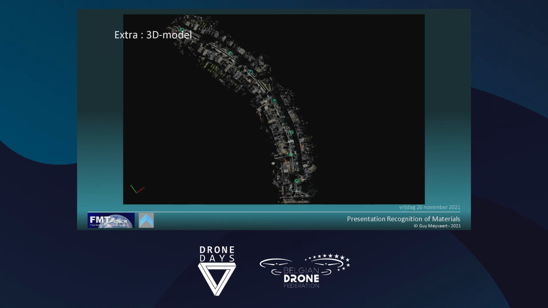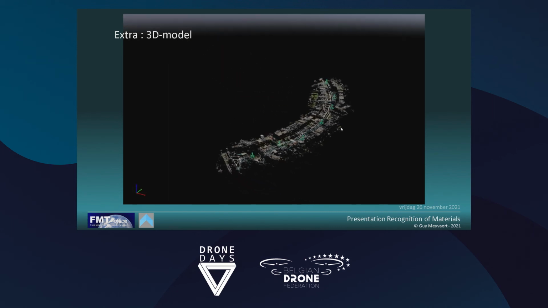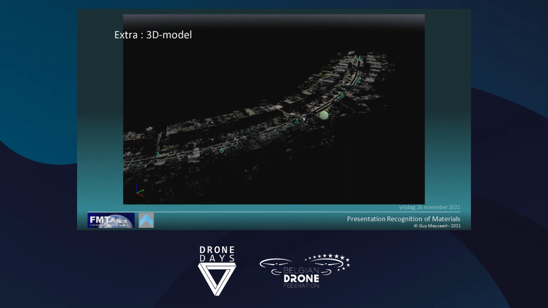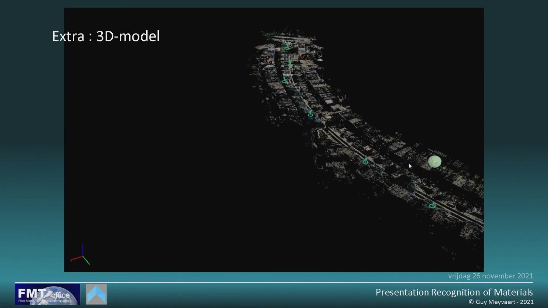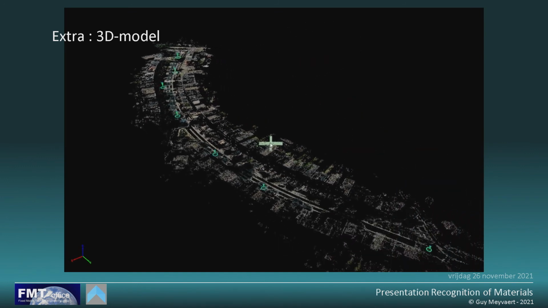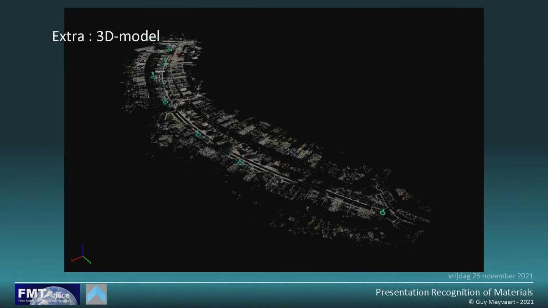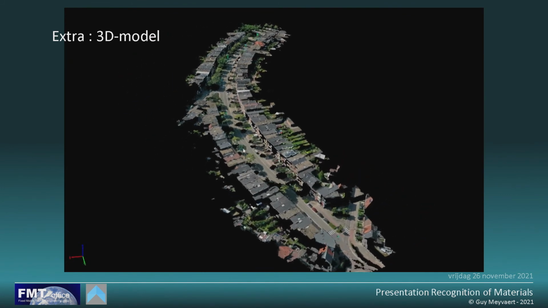Because we are going to fly with our drones, we certainly have everything in 3D. So we gave our client an extra: a 3D model. We have already seen it in the former presentations, certainly from Pix4D.